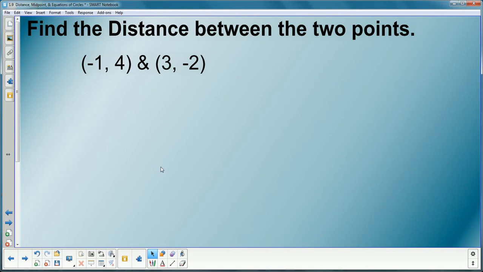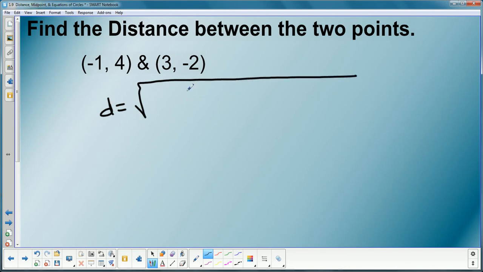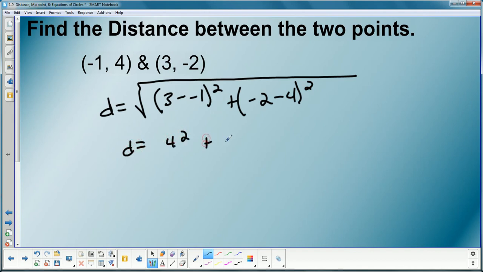And if we do an example then, so if I have my distance formula, big square root, and I'm going to do x2 minus x1 squared plus y2 minus y1 squared, and simplifying, I'll have 4 squared plus, this will be a negative 6 squared, all under the square root.